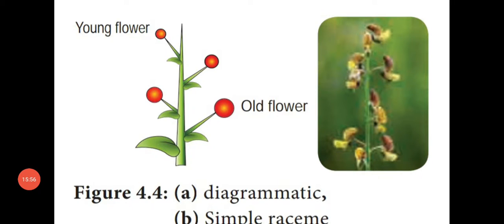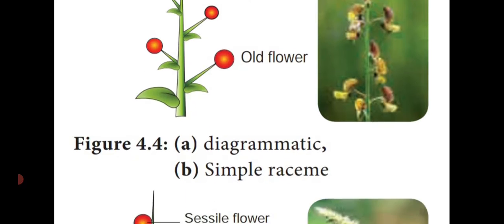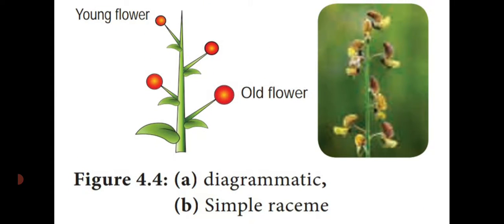Dear students, before going to see another type of main axis elongated, we are going to see the diagrammatic representation of simple raceme. This is the simple raceme, example Crotalaria.